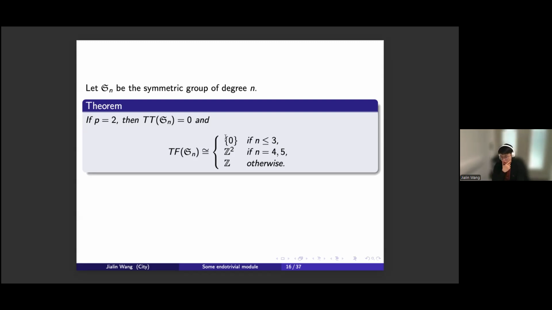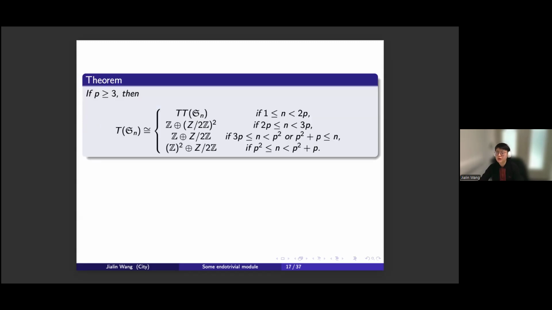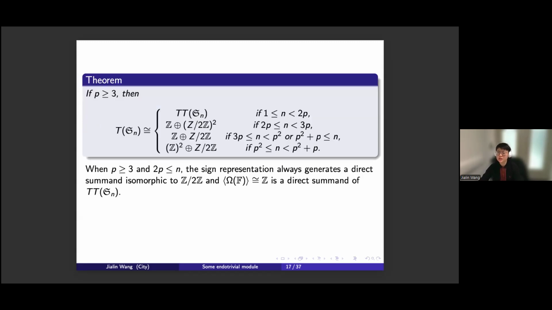Okay. I think in general, you don't have good results because taking dual and taking induction, they don't sort of commute.